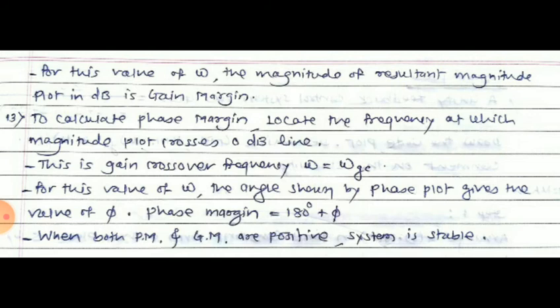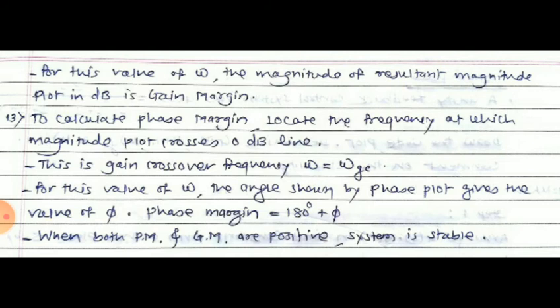To calculate phase margin, locate the frequency at which the magnitude plot crosses the 0 dB line. This is the gain crossover frequency, omega GC. So find out the frequency at which the magnitude plot crosses the 0 dB line.